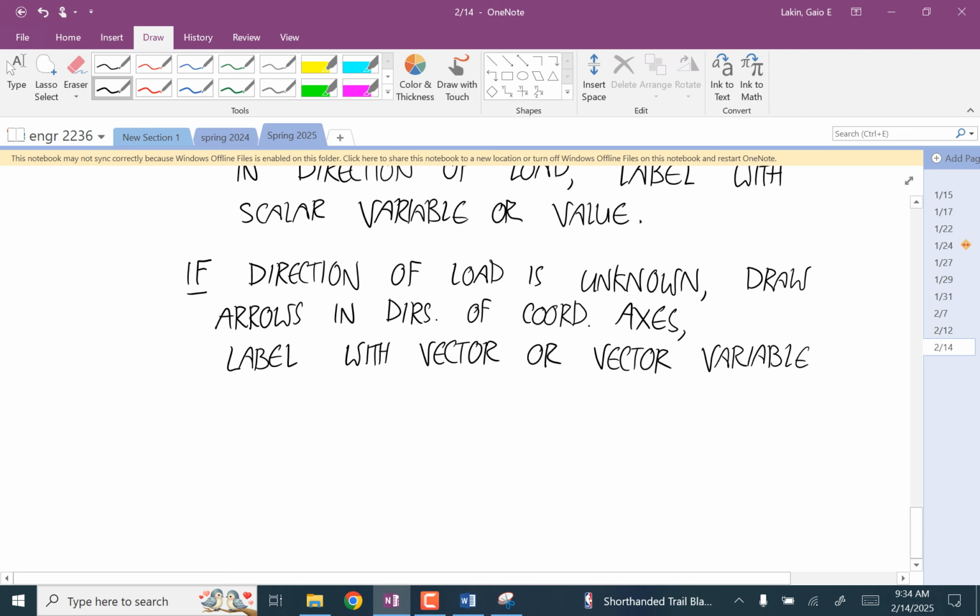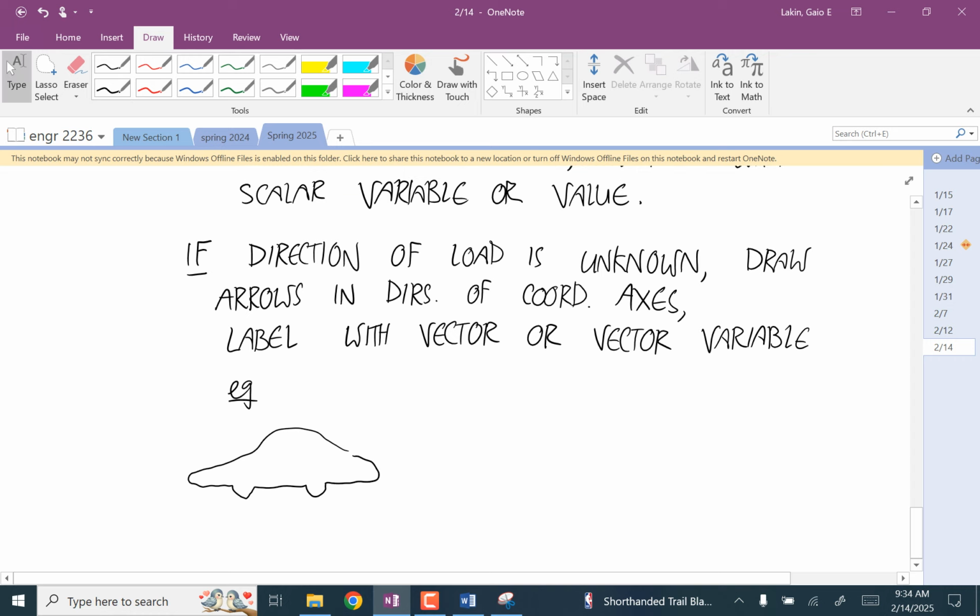Okay, so for example, let's say that your chosen body is this car. People draw this two different ways. I do it like this. I draw a little coordinate system here, and then my label would be like this.